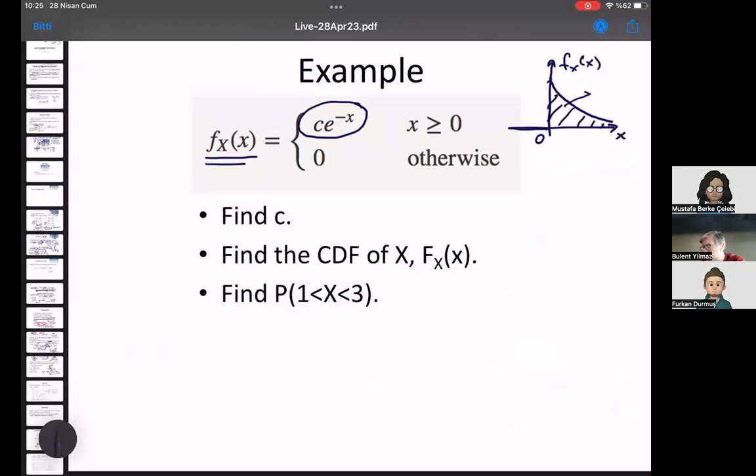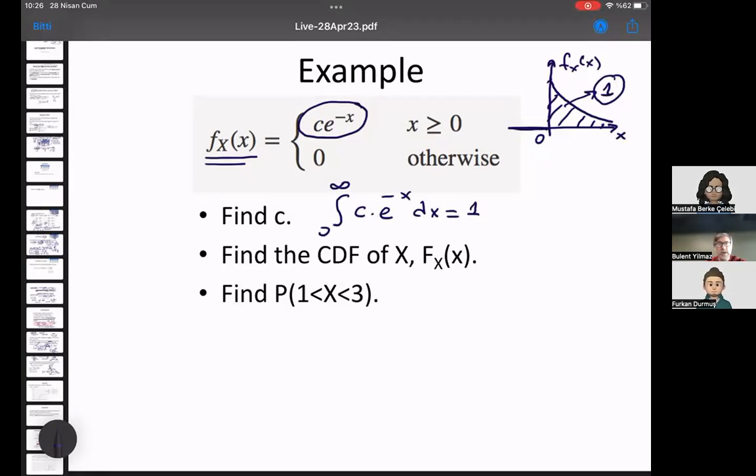It should be 1. So how do I find c? I'm going to say, between 0 and infinity, c times e to the power minus x dx should be equal to 1.